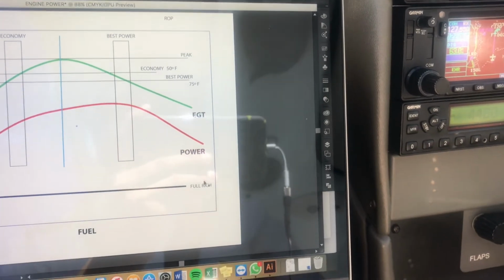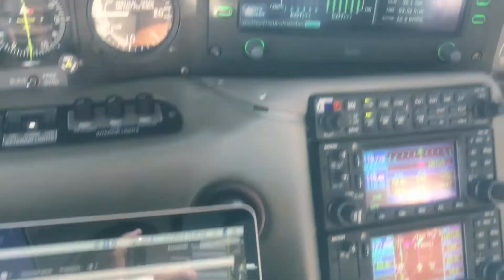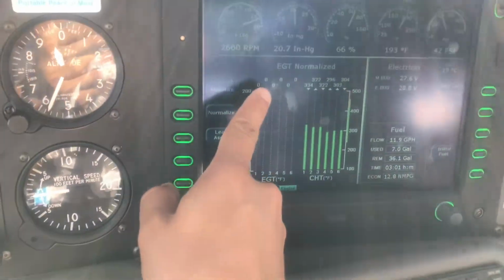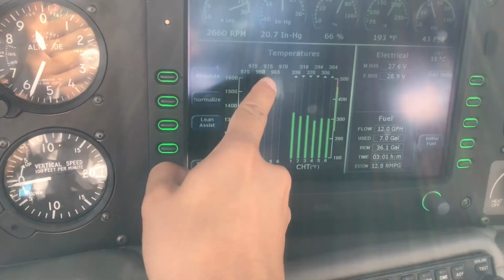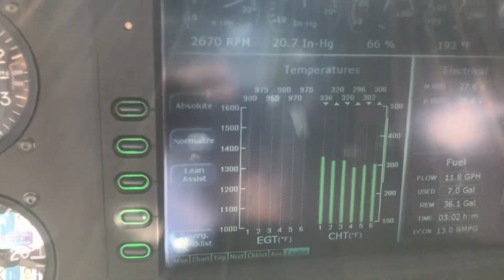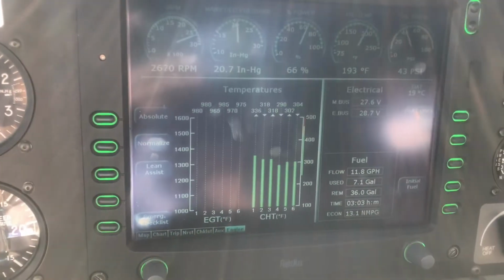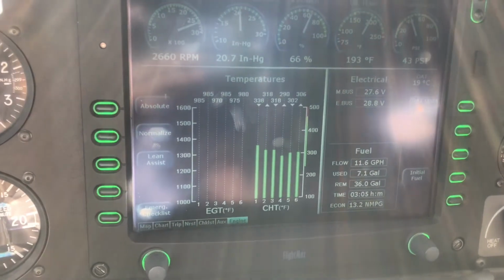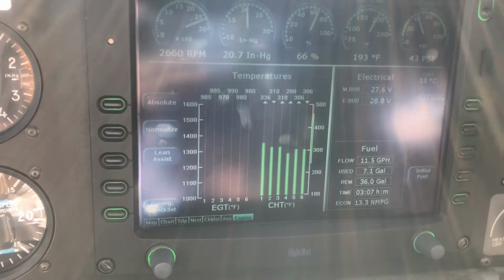As we lean the mixture, the exhaust gas temperature rises. I'm going to show you. If I start to lean the mixture, look at those numbers. Those numbers will start to increase. See that? Good.